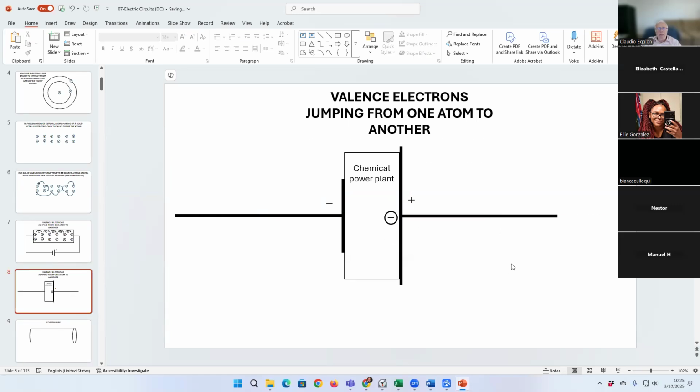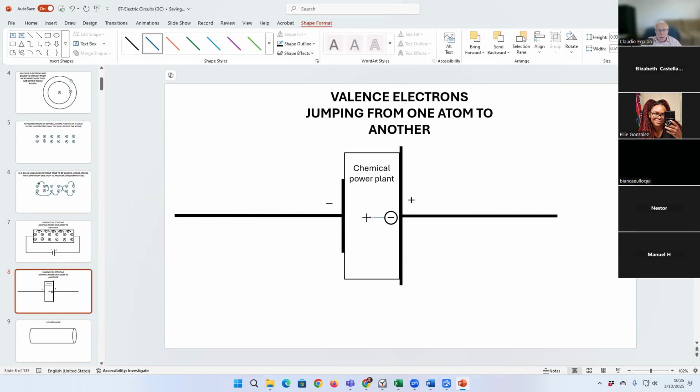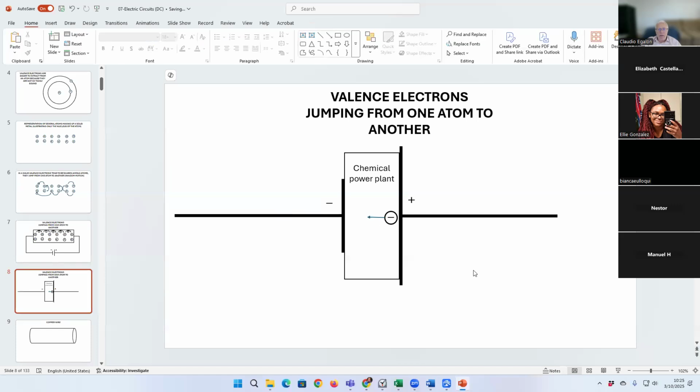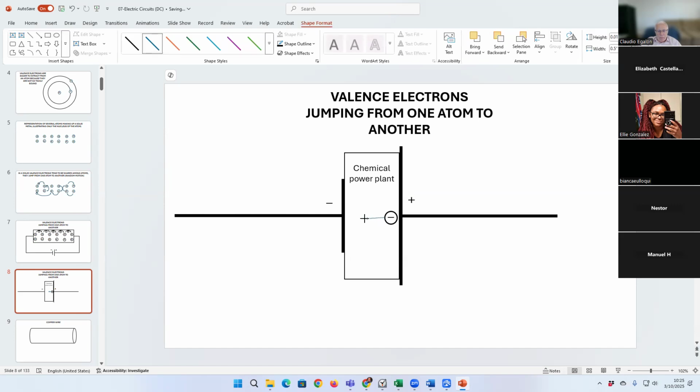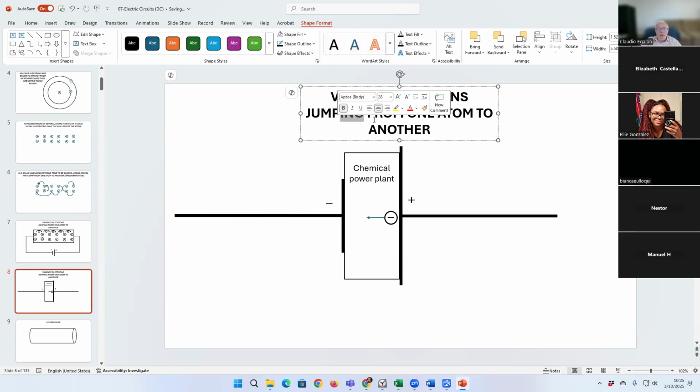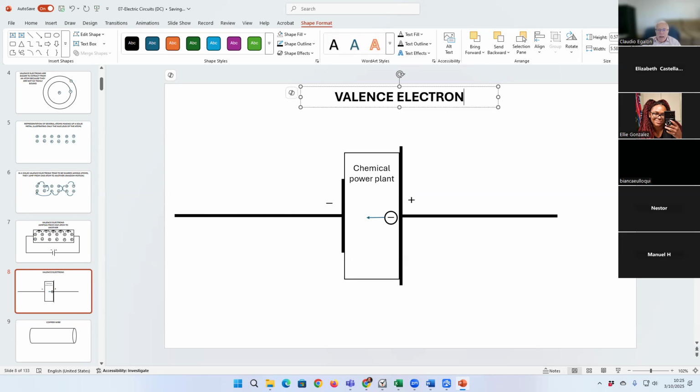Provided the battery still has some energy, the battery will be able to separate the negative charges from the positive ones, okay? A chemical power plant that separates the negative charges from the positive ones. That's my valence electron inside the battery.